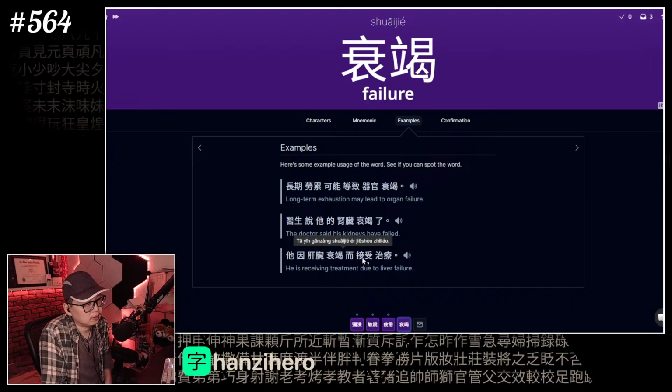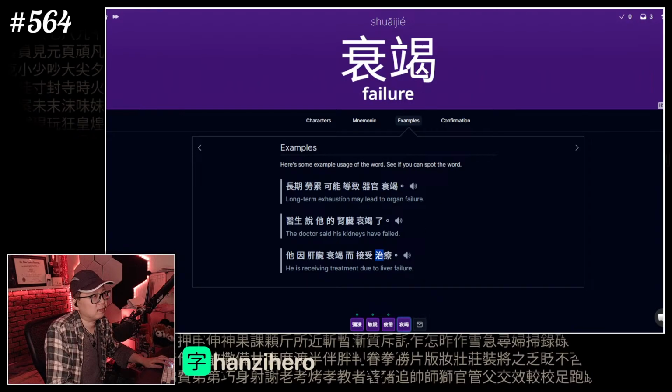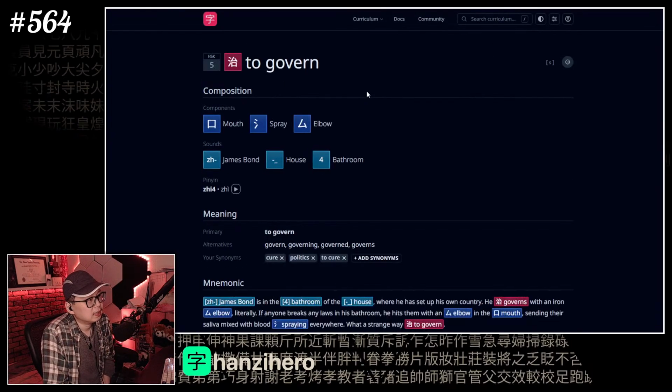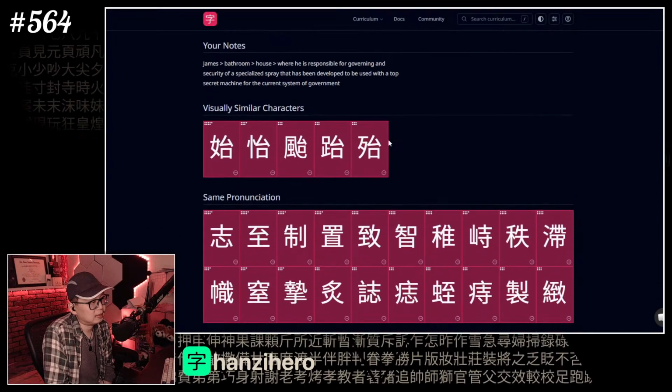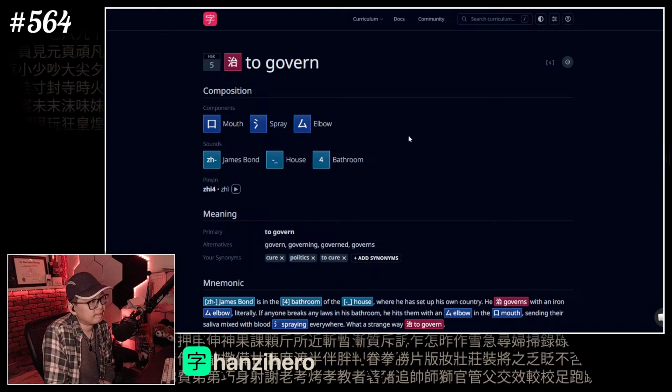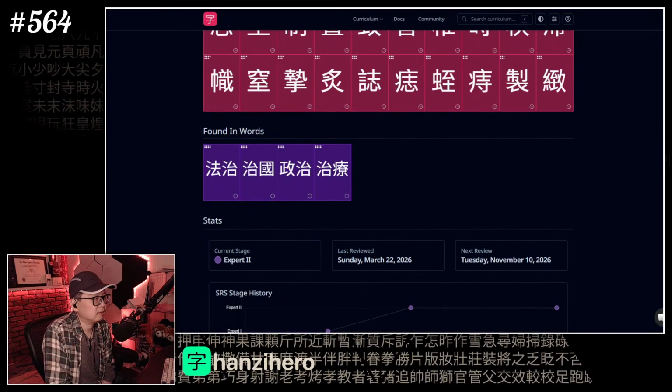Receiving and aiding, giving, welcome, accept. 肝脏. I lost 治疗, but it is still healing. 治 has an element of healing, but it really assists. Yeah, it has cure in it. Also used as govern. That's interesting.